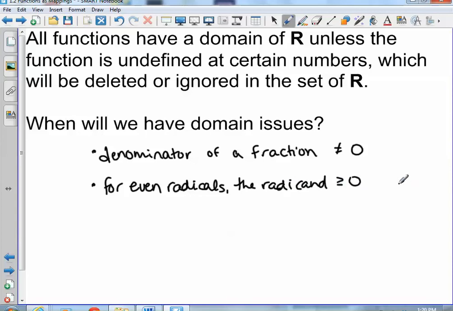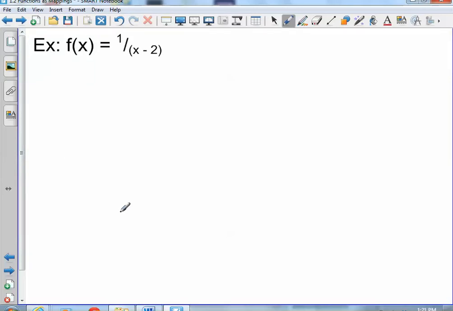If it's an odd radical, like a cube root or a fifth root, it doesn't matter. You can take cube roots of positives and negatives. But if we have an even root, it has to be non-negative underneath. Is that okay? So let's find the domains. That's where we're going to end today, practicing with domains.